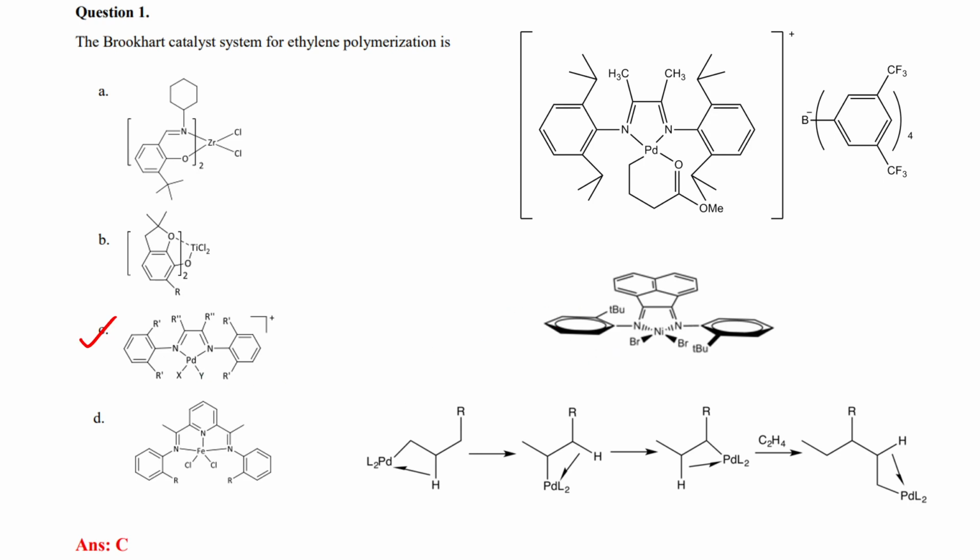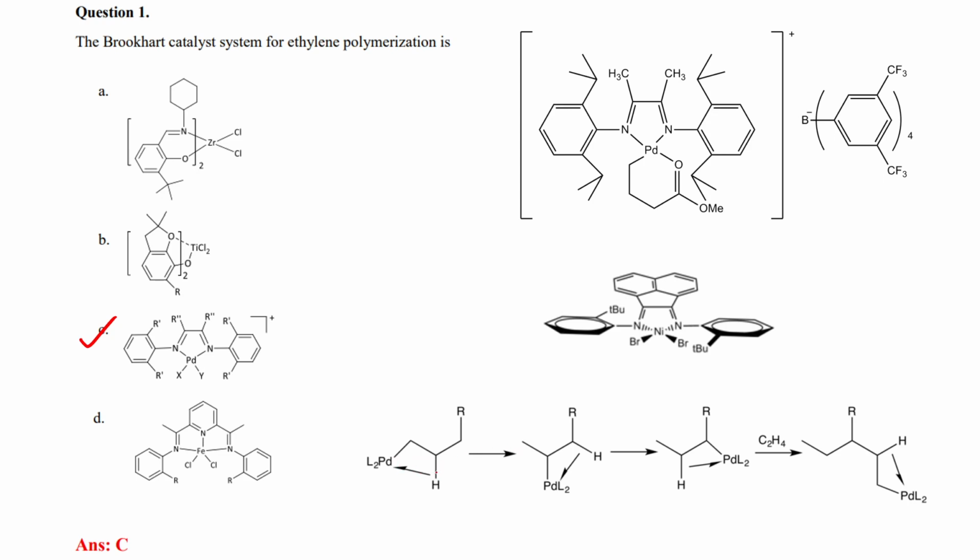So the basic principle is chain walking, I think. In the NPTEL lecture, it is described. So the thing is, in that way, the chain walking happens. Here you can see kind of an agostic interaction.